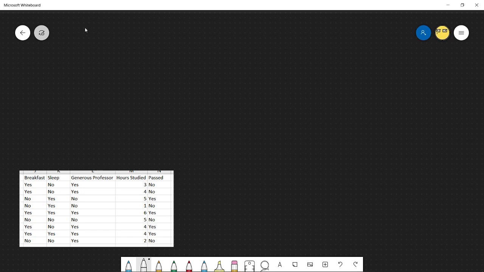So the first thing we need to do when converting a raw data set into a decision tree is to find out what the root node is going to be. Either of these three could be our root node. To find the answer, we first make three trivial decision trees, splitting on each of these categories to count how many passed or did not pass.